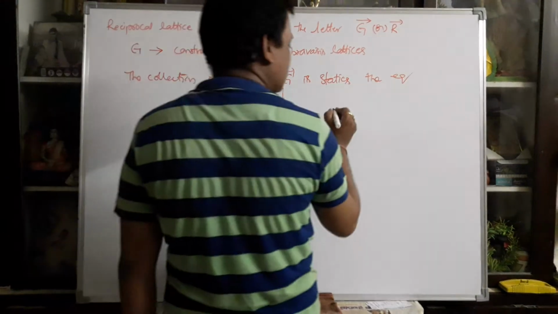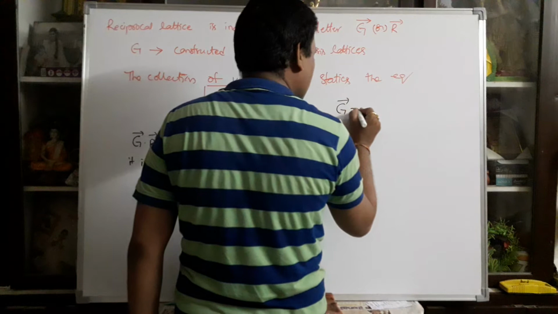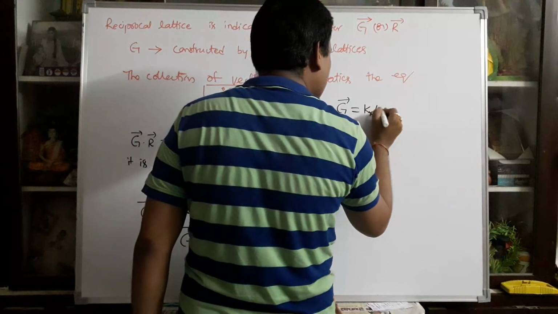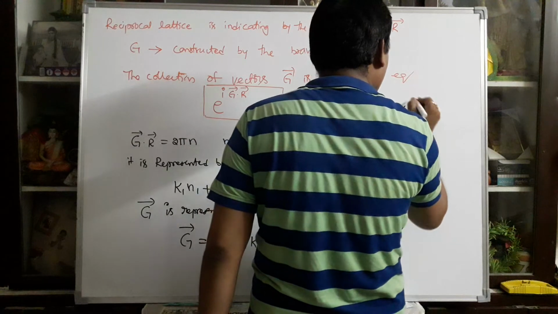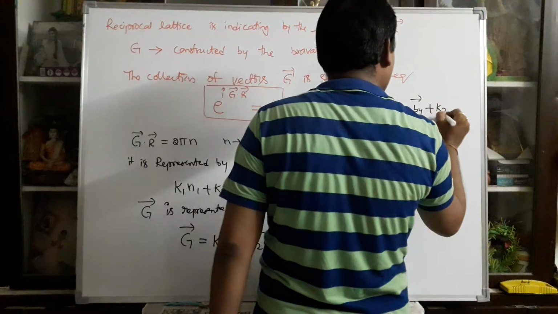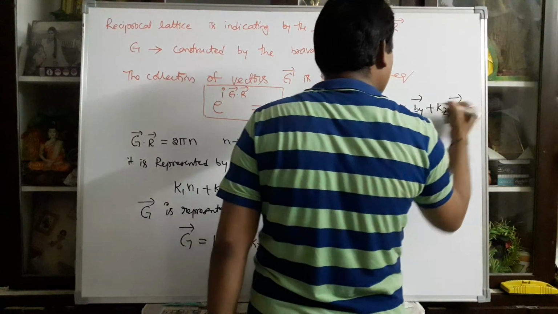Otherwise, sometimes it is represented by G bar is equal to kx bx bar plus ky by bar plus kz bz bar.